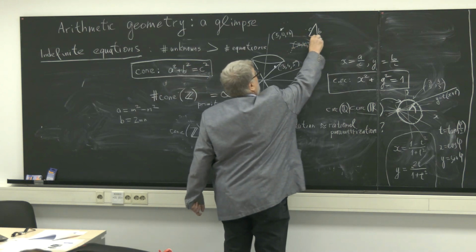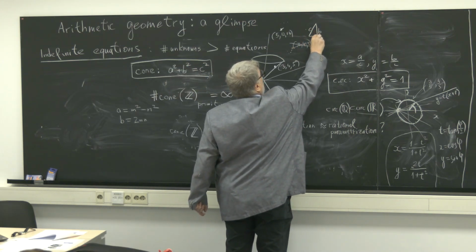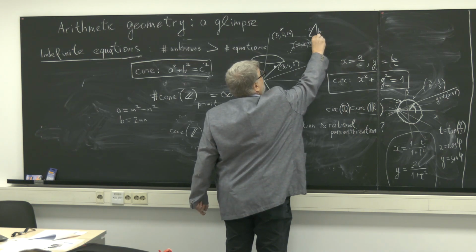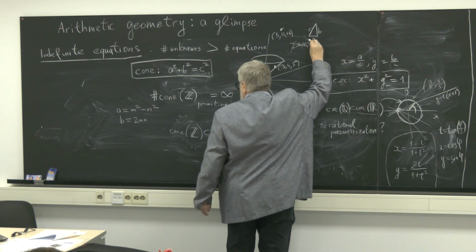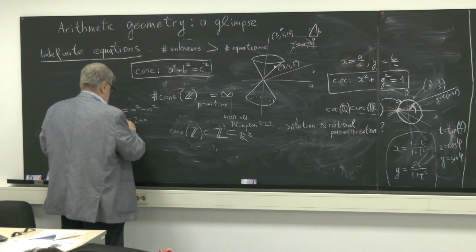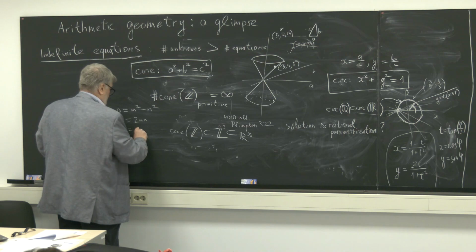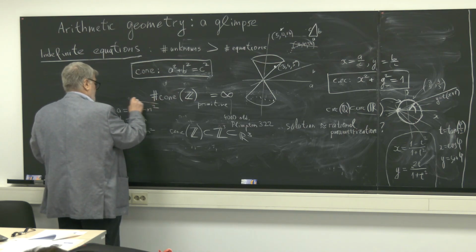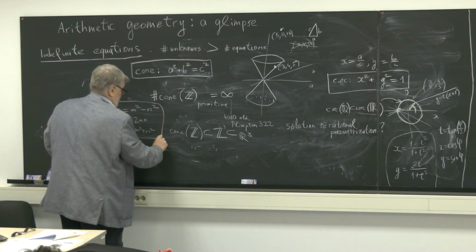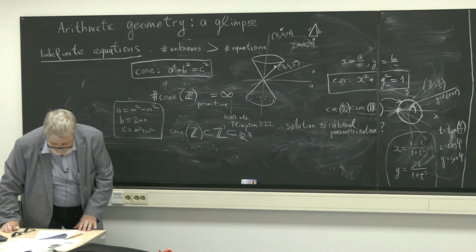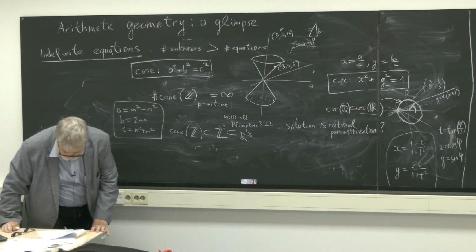If the triangle is Pythagorean, there is the even leg of the triangle and the odd leg, and we have made some choice. So this is the solution up to renaming A and B.